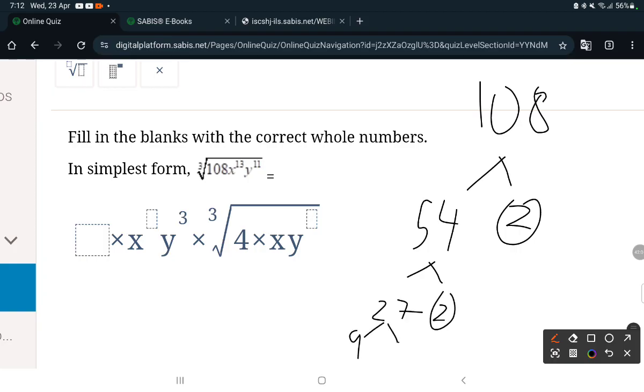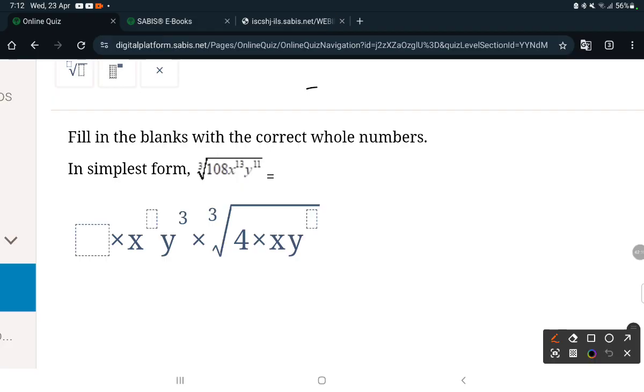Then that's 9 and 3, and then 3 and 3. So I have 3 cubed and then 2 squared.